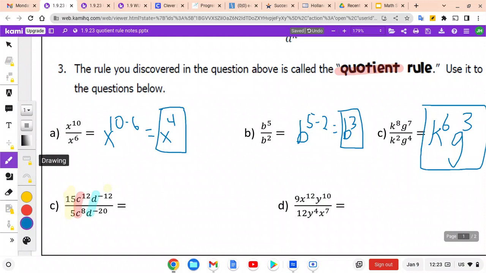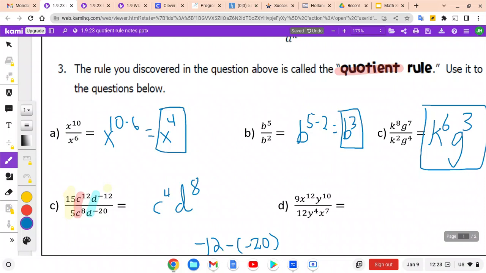So giving myself a little bit of space, I'm going to write C. 12 minus 8 is 4. And then D is a little bit trickier, and you really want to use a calculator to help you here. But we need to do negative 12 on top minus negative 20. So in the calculator, you type negative 12 minus negative 20, and that equals positive 8.